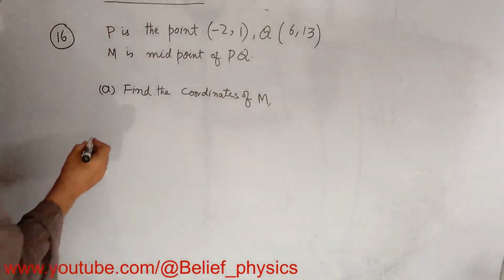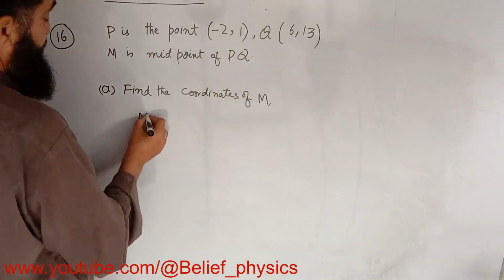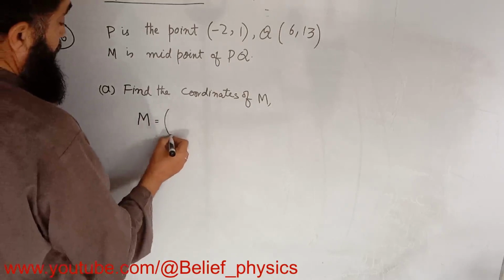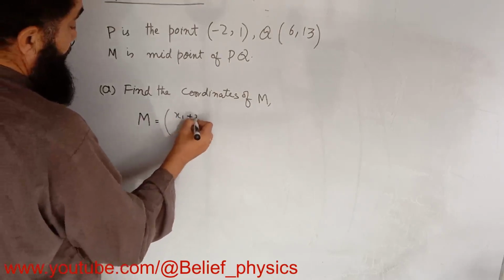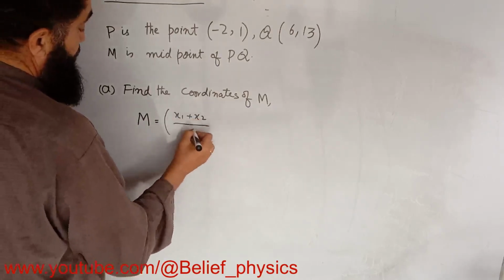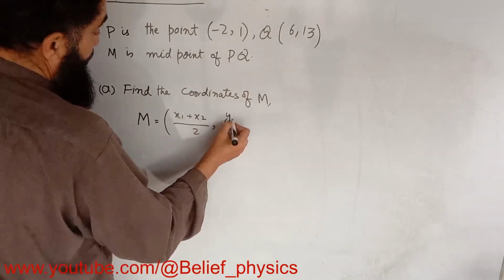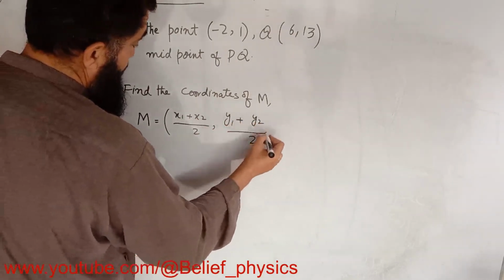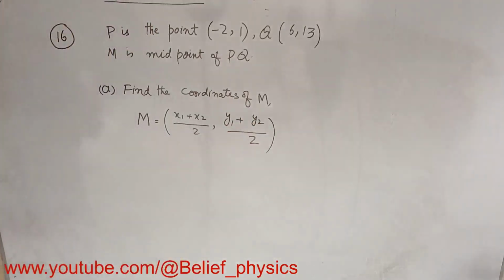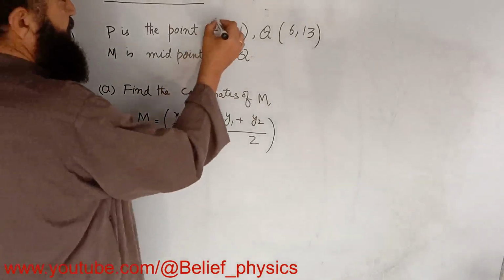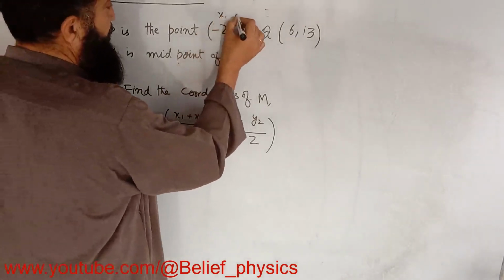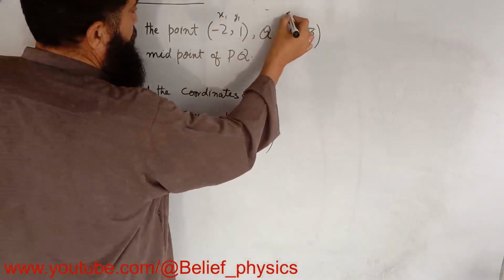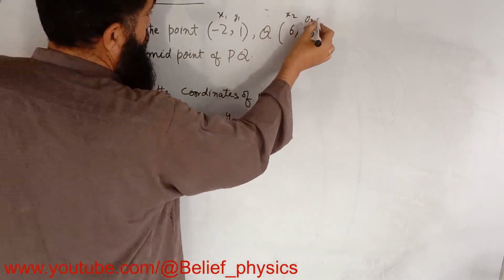We know the formula for midpoint is ((x1 plus x2) over 2, (y1 plus y2) over 2). Here this is x1, this is y1, this is x2 and this is y2.